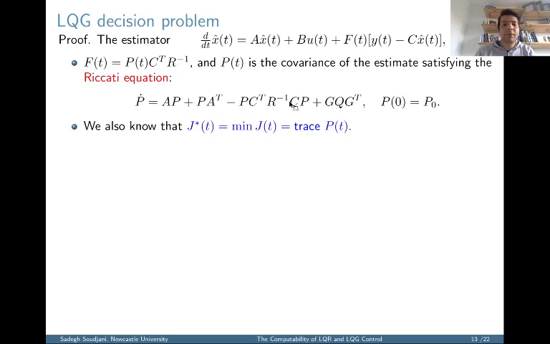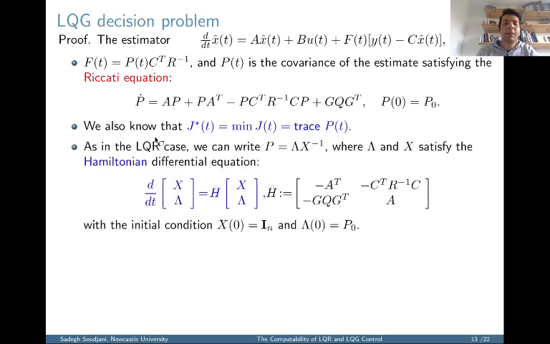It's not useful for us, but the solution, the least square error, is just a trace of the solution of this Riccati equation. What we can do is to use the Hamiltonian representation of the solution. So we can write this matrix P as the multiplication of lambda and x inverse.